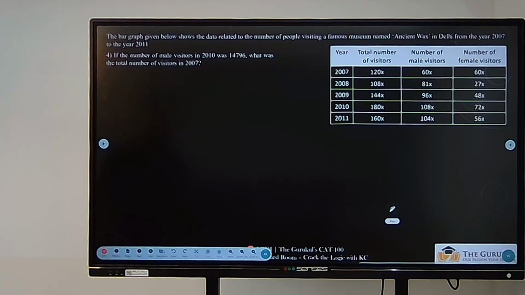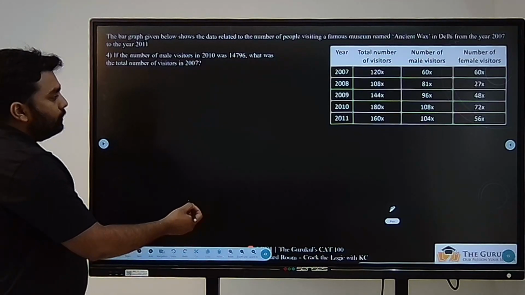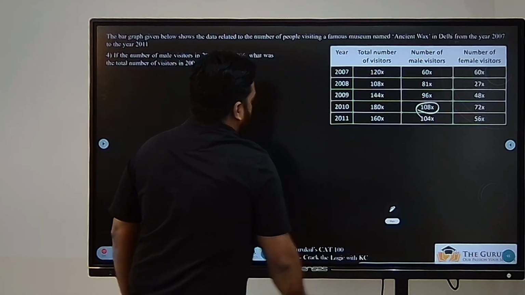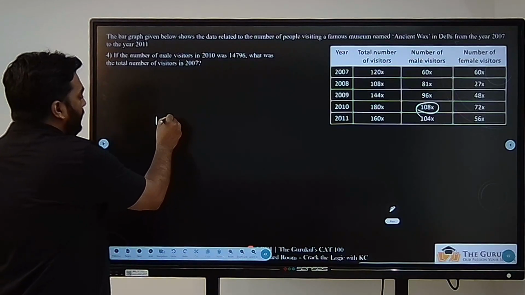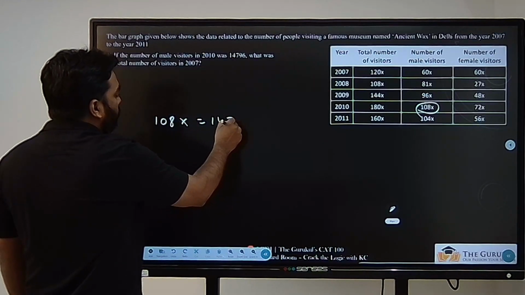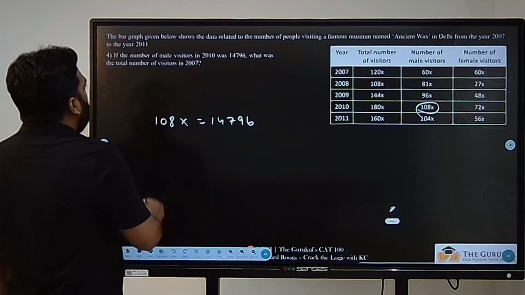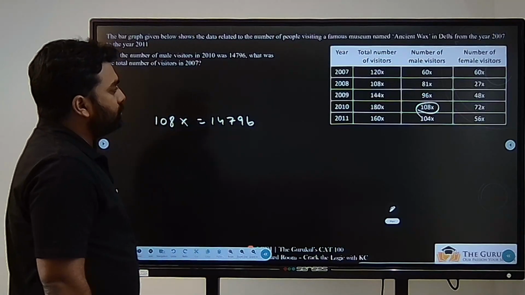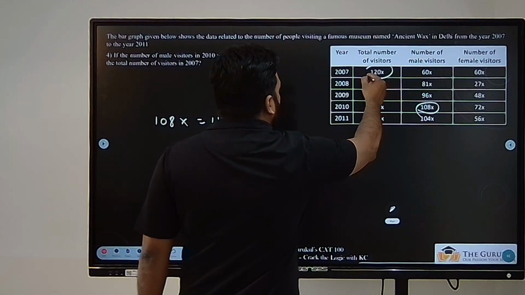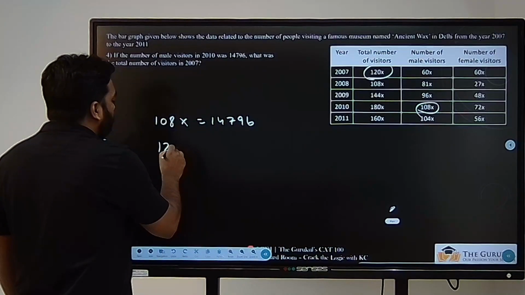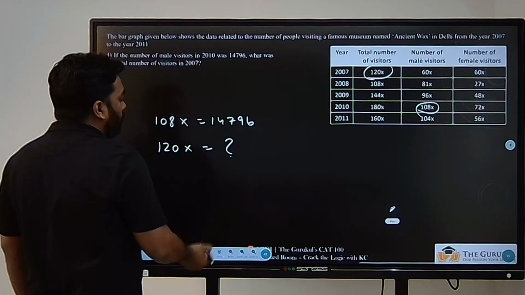Next one. If the number of male visitors in the year 2010 was 14796, 2010 male visitors, that is 108x is equal to 14796. What was the total number of visitors in the year 2007? 2007 total is 120. So 120x will be equal to how much?